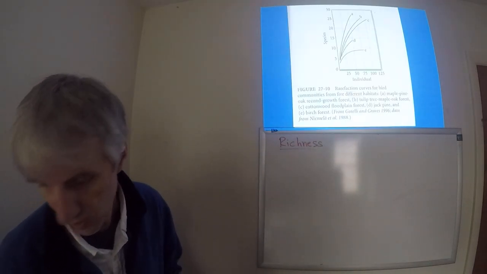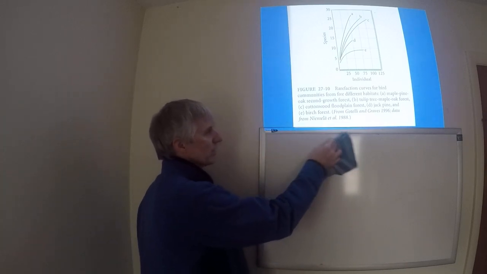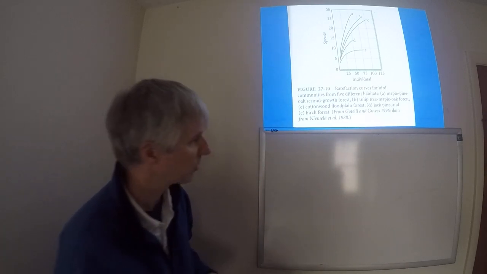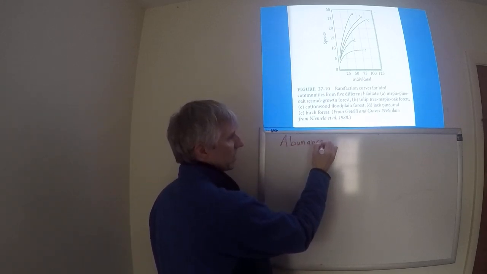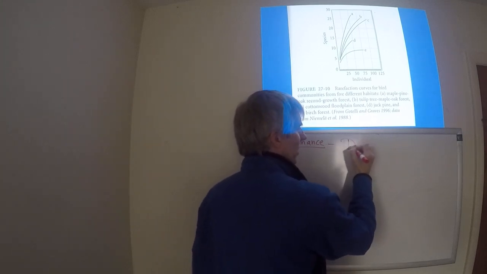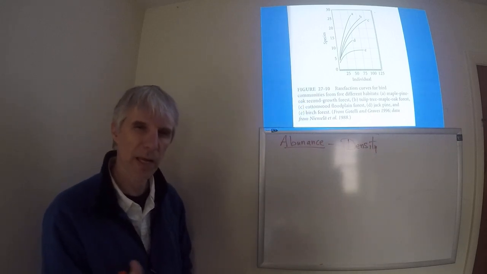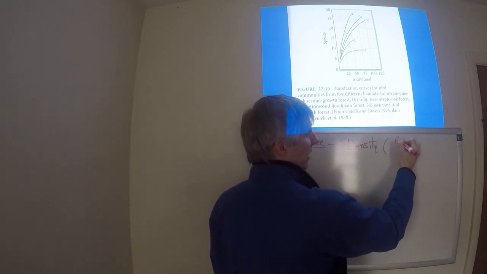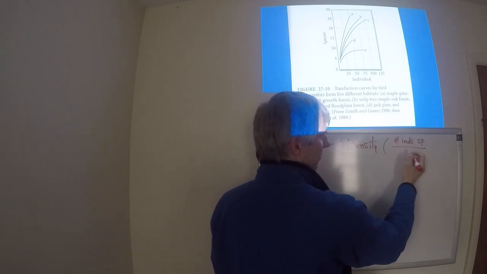I don't. All right. So now we finished off with richness. Let's move into abundance and these abundance measures. So let's start with the first one, density. We said that was a measure of the number of individuals of a species divided by the area.